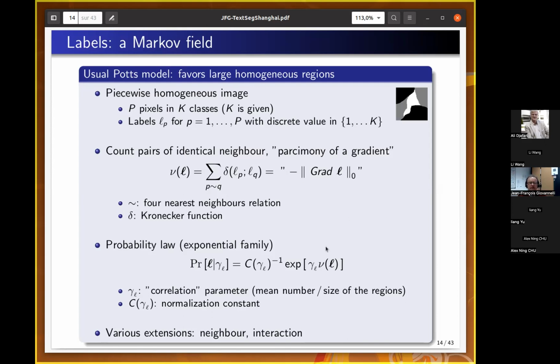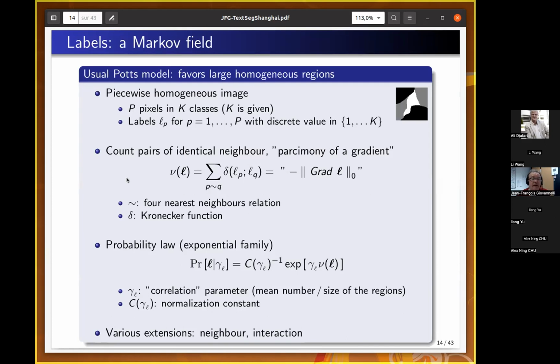And this is the probability density function. It involves what is called a Potts parameter, that we could say is a kind of correlation parameter that tunes the mean size of the regions. I will give an example on the next slide. And what is important is this normalization constant of the Potts field. It is important because I am interested in automatic tuning of the Potts parameter. So I need this probability density function normalization constant.